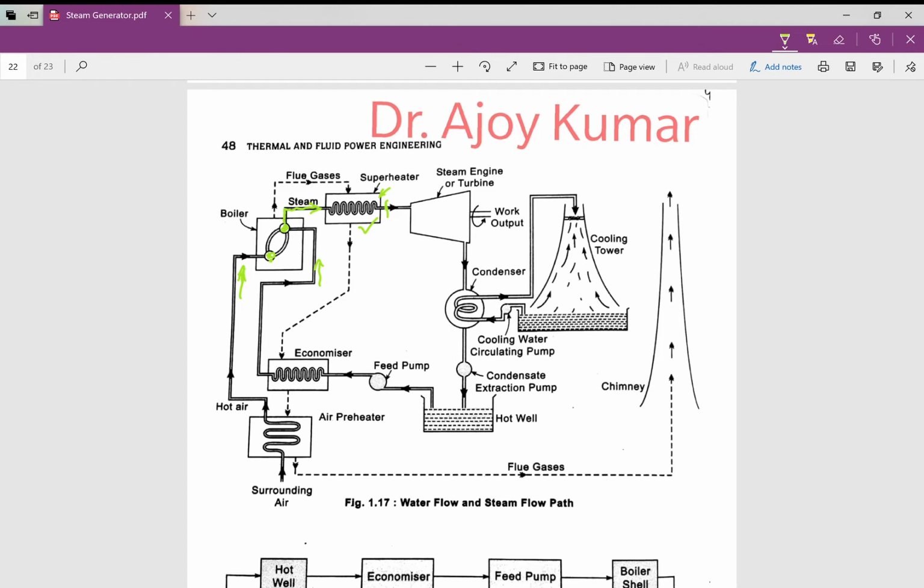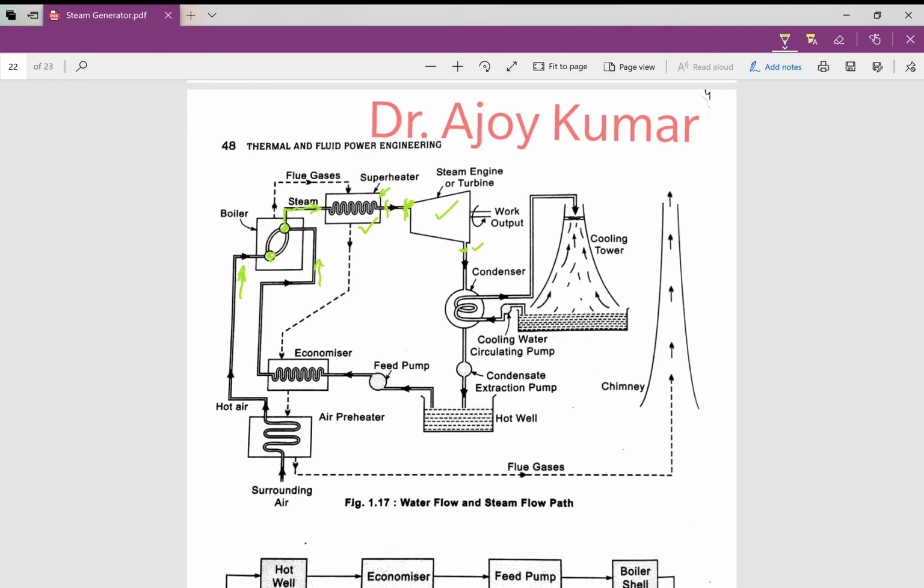So at the inlet of the steam turbine over here, superheated steam is supplied. As you know, dear students, this turbine is an expansion device where expansion of this superheated steam takes place. So expansion takes place from inlet to outlet. Here pressure is low and here pressure is high.